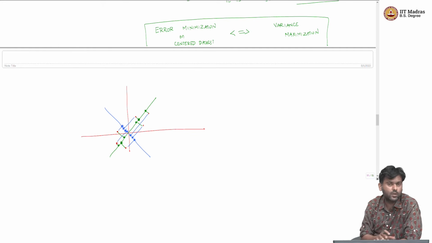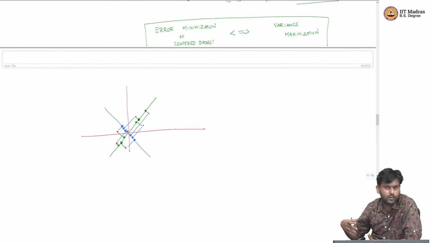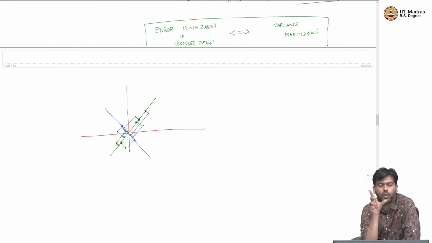Now, if you focus on the green points, you can see that they are more spread out than the blue points, which are crowding up, right. So, the problem is if data points all crowd up, in fact, if they go to the same point, then there is no way you can distinguish one data point from another. Whereas, if they are spread out, then this distinguishing capability is still present.